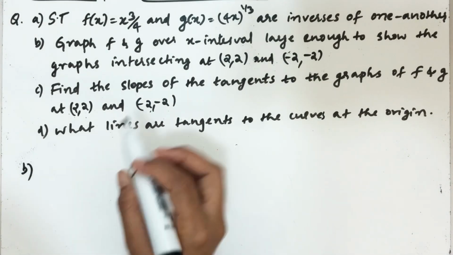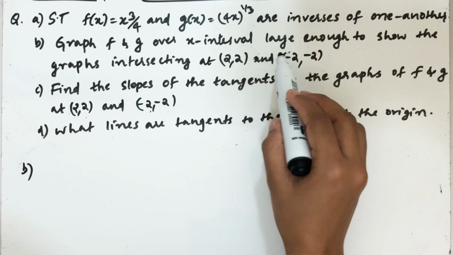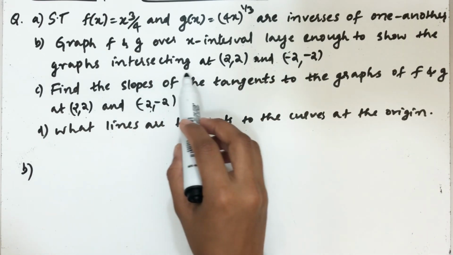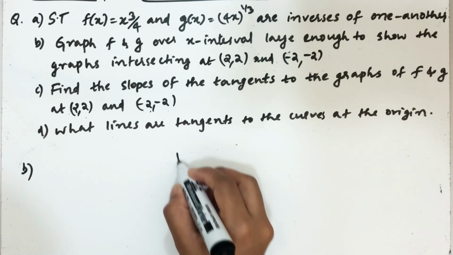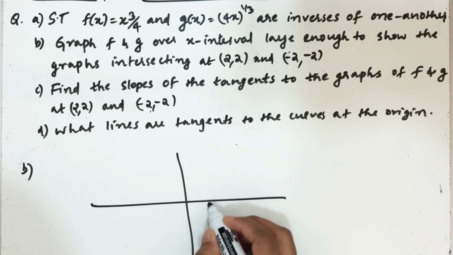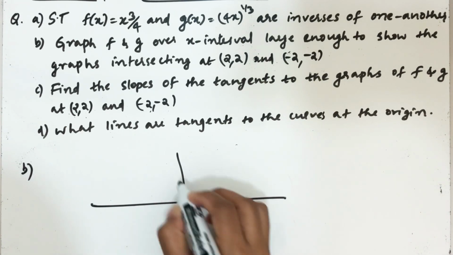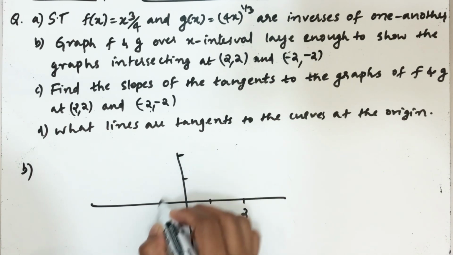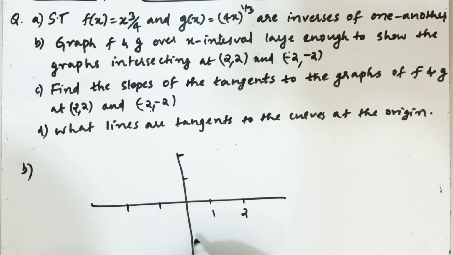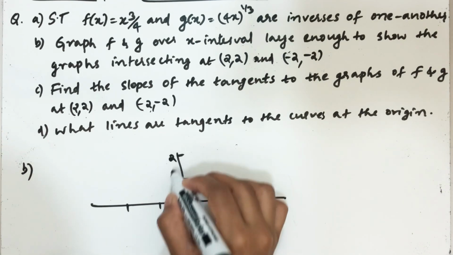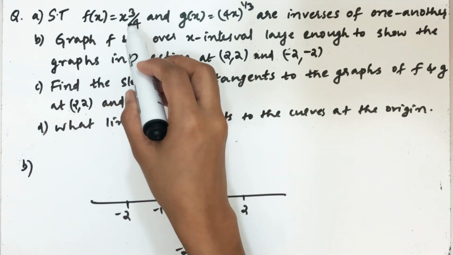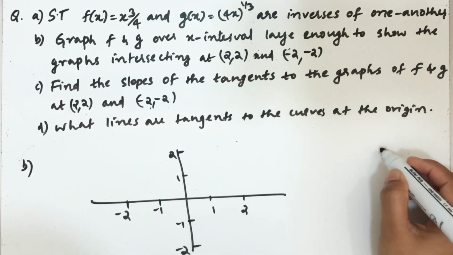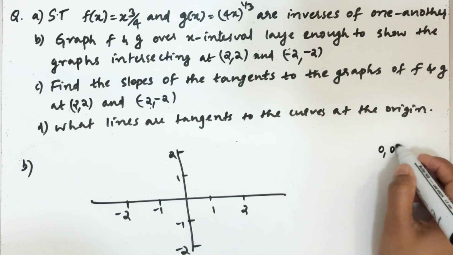Second part, graph f and g over an x interval large enough to show the graphs intersecting at 2, 2 and minus 2, minus 2. So we can draw the x-axis and the y-axis. Here 1, here 2, 1, 2. To draw f of x, we can see the points when x is equal to 0, y is equal to 0.